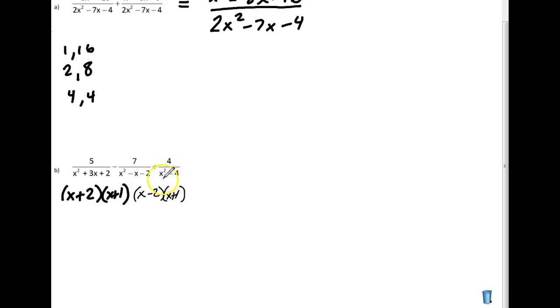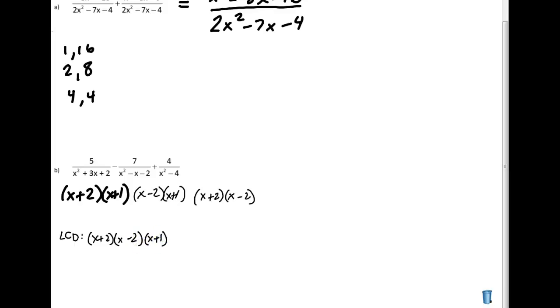And then this last guy here, he factors into x plus 2 and x minus 2. So my LCD for this problem would be an x plus 2 and an x minus 2 and an x plus 1.